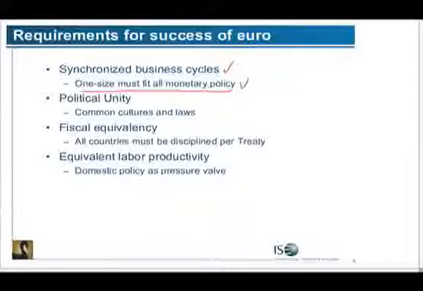But the pipe dream was that once all the borders would be open and everybody was free to trade with one currency, and they took away the passport requirements and things, you'd see people move from country to country, and you'd see an equalization of productivity across the countries. Well, that really hasn't happened.